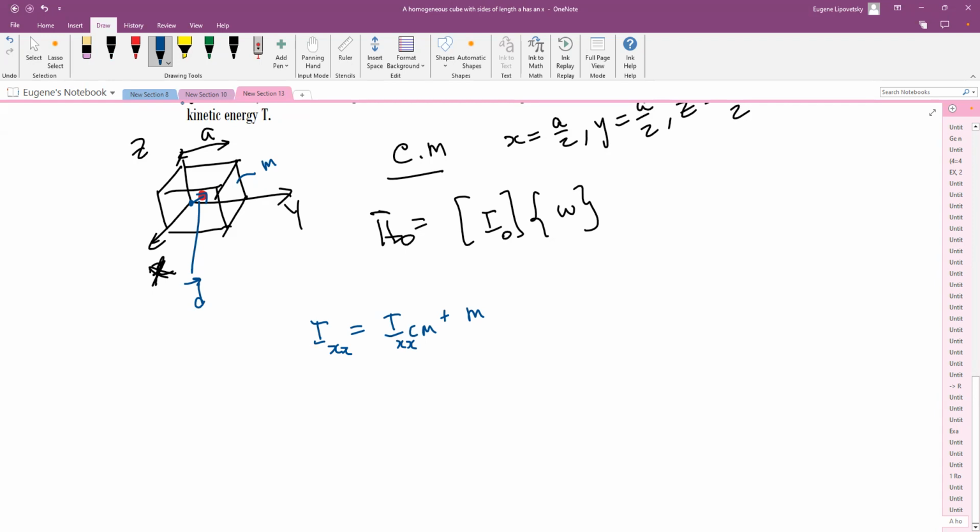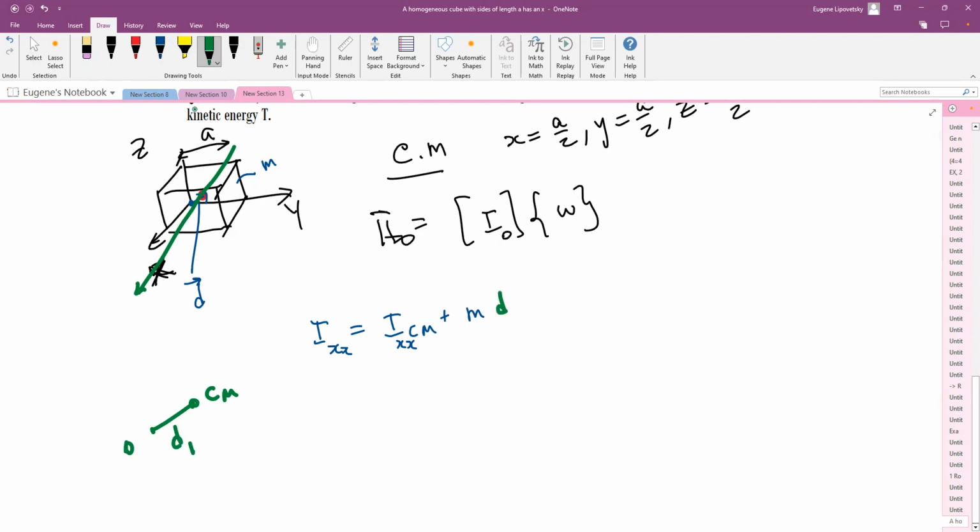In order to get the XX, let's say this is XX, and we have this axis through center of mass parallel to XX. So the projection will look like this. This is the center of mass, and this is the O, and this is the distance D1, all right?